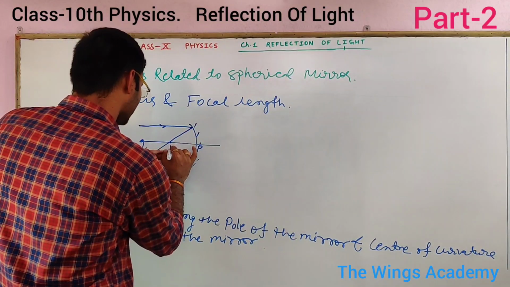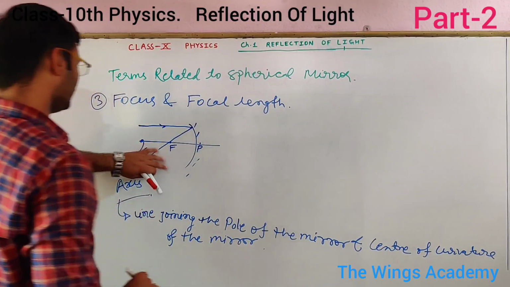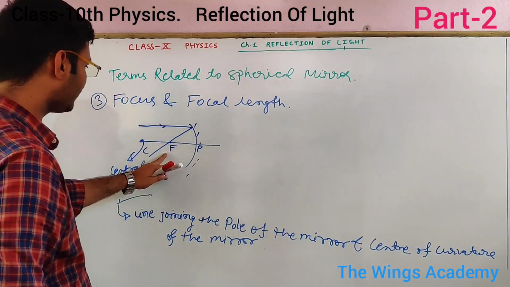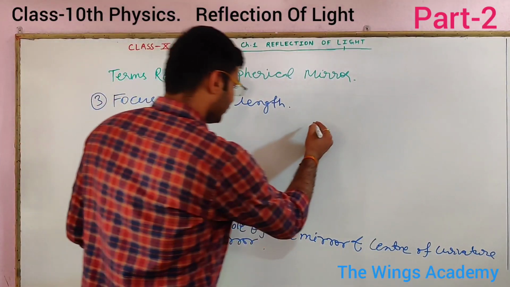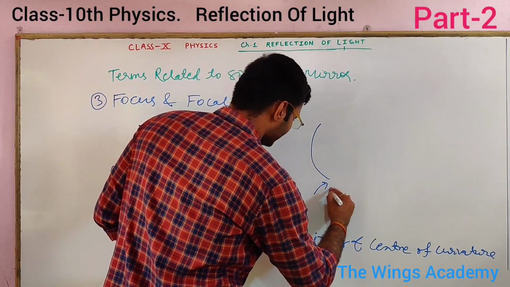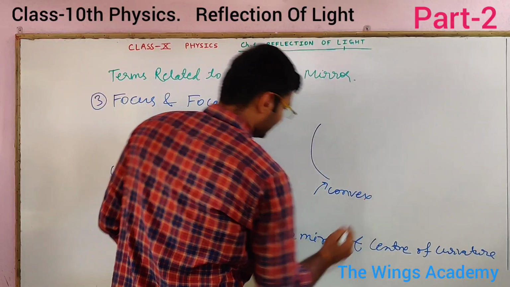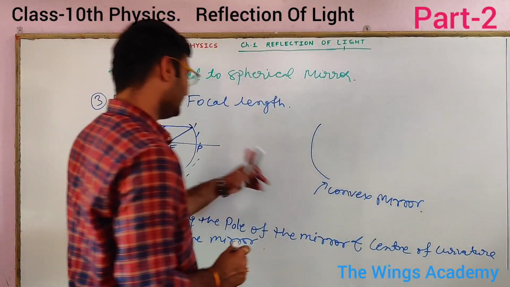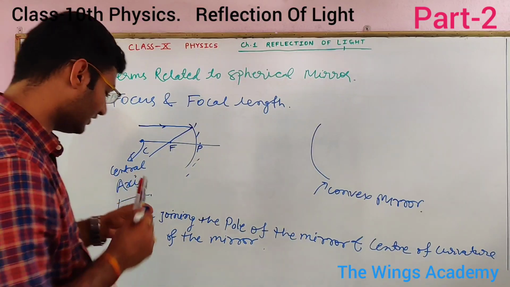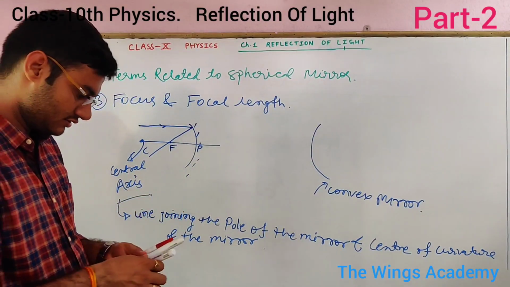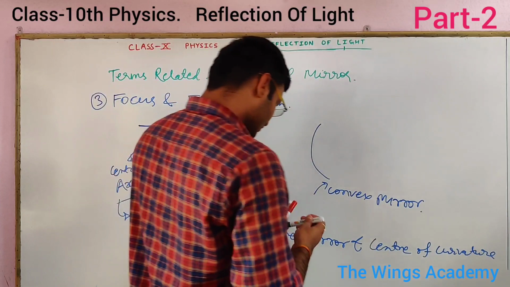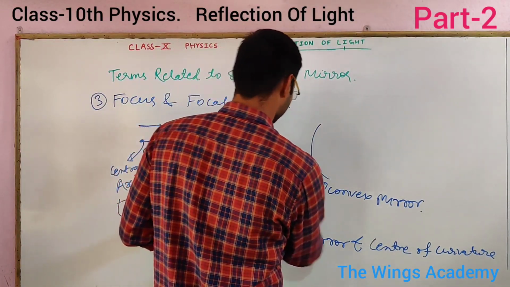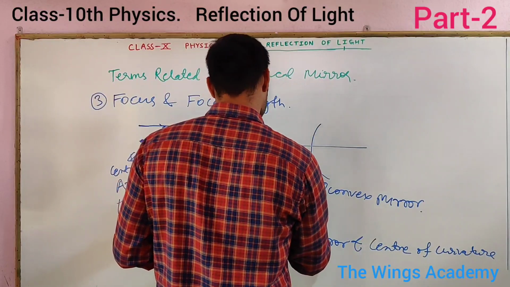So for the concave mirror, this is our focus, and for the convex mirror, it doesn't actually cut the central axis, but it appears to cut it.